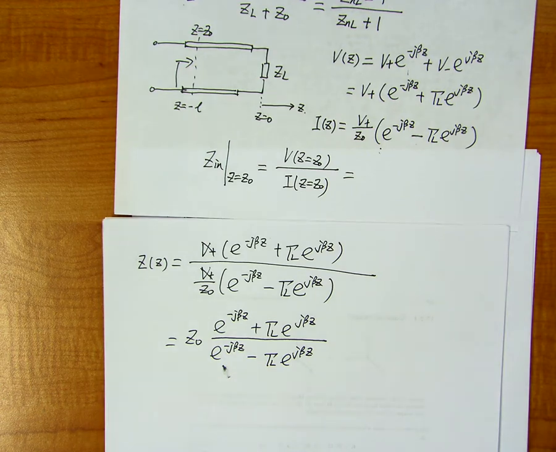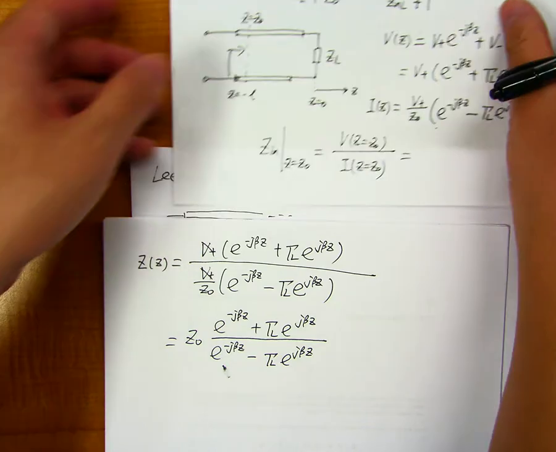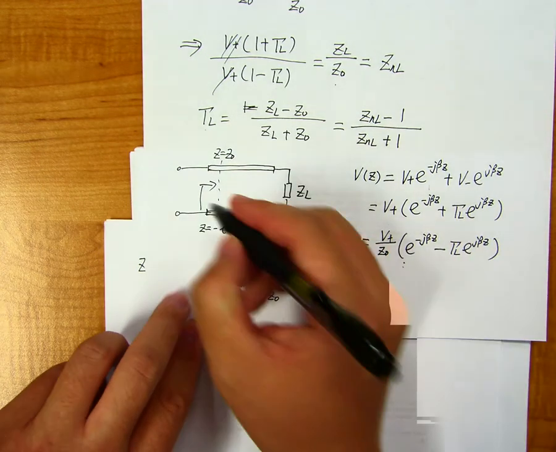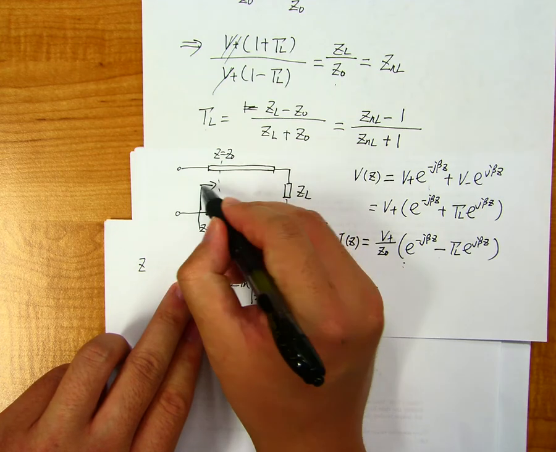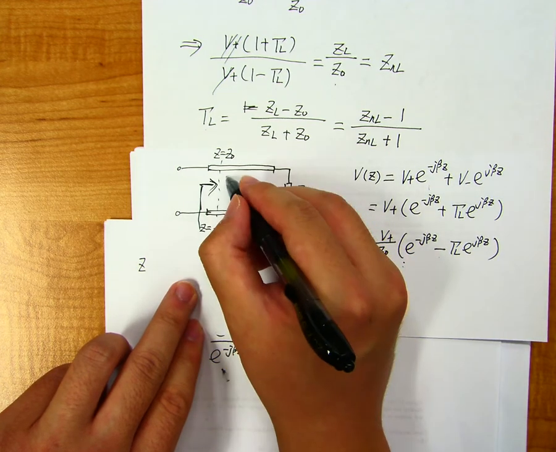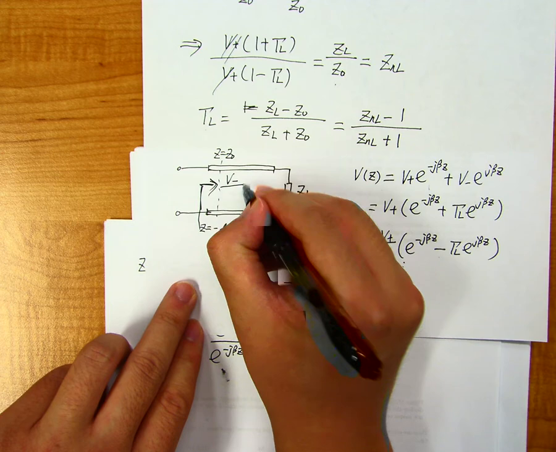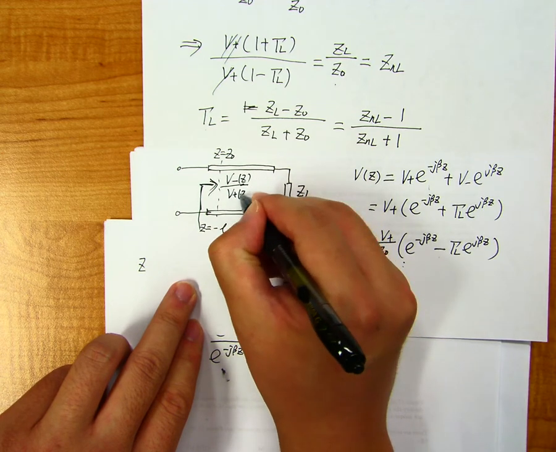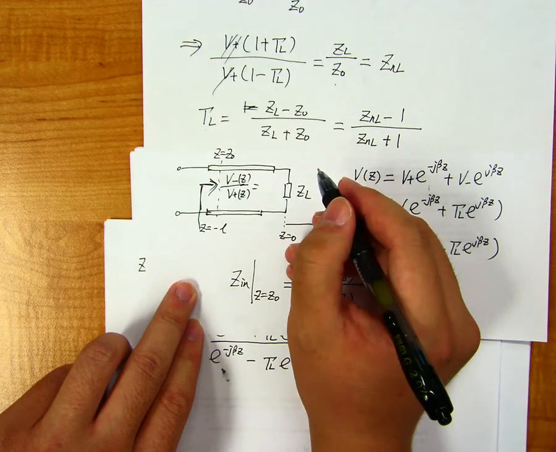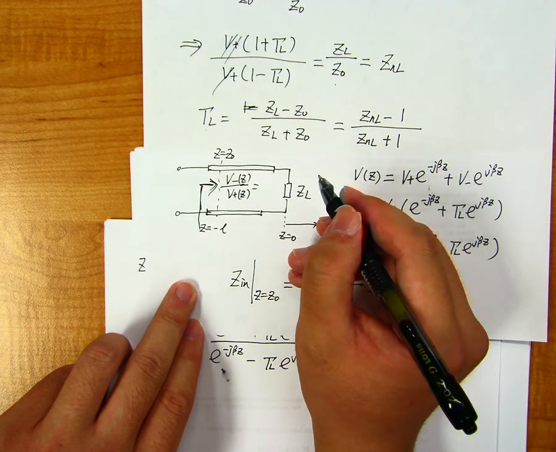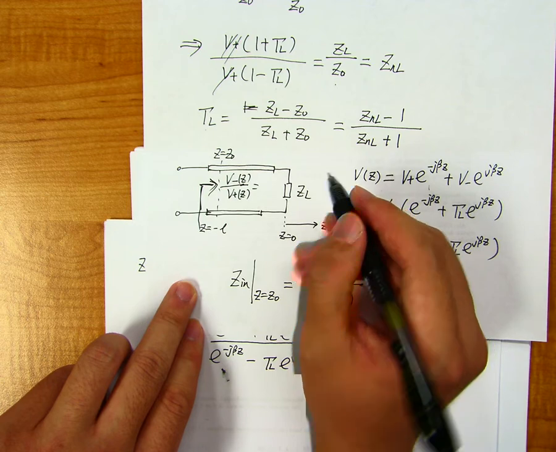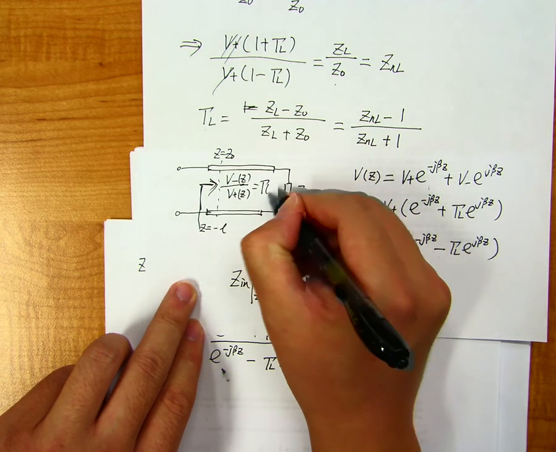Okay, and also we can define the generalized reflection coefficient. For example, if I look from here, the V minus at z over V plus at z is equal to a constant, right? Which is the reflection coefficient at this point. I call it gamma z.